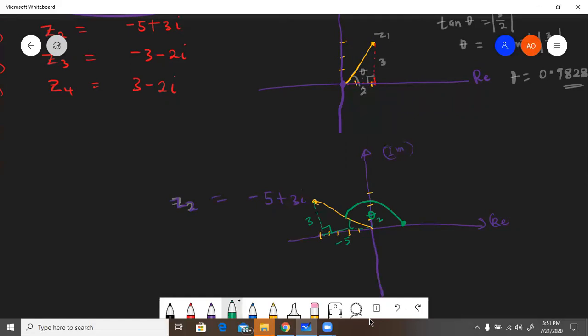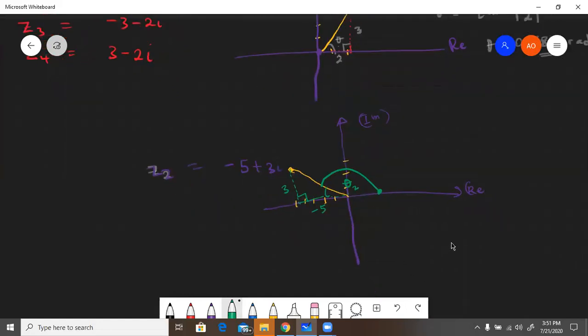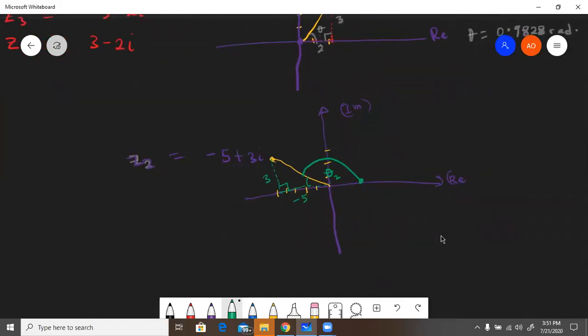It is very important that I let you know that the argument of a complex number is the angle defined by the inequality minus pi less than theta less than or equal to pi. That is between minus pi and pi. From here to here is pi, that is 180 degrees.